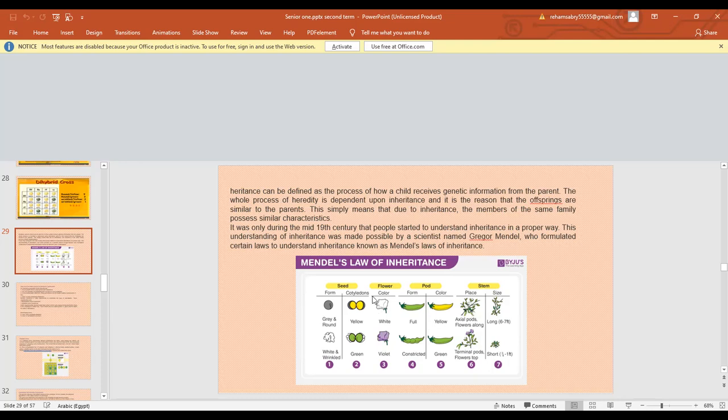While the inheritance of two characters, two different traits, like for example the shape of the seed and the color of the seed, or the shape of the seed and the stem structure, meaning two different characters inherited together.